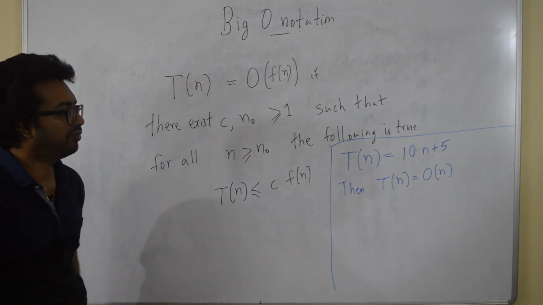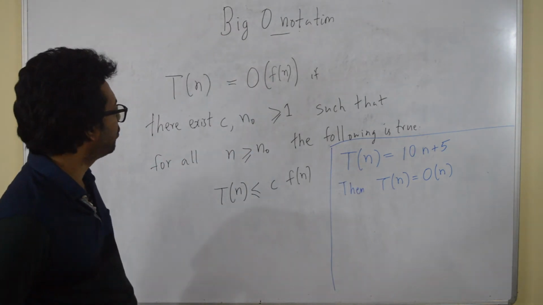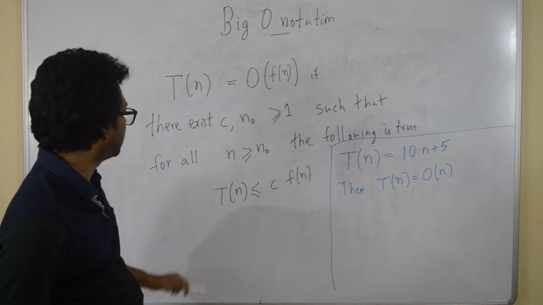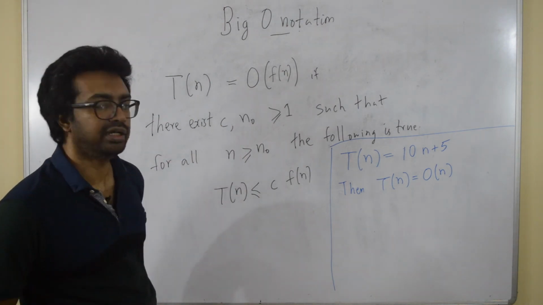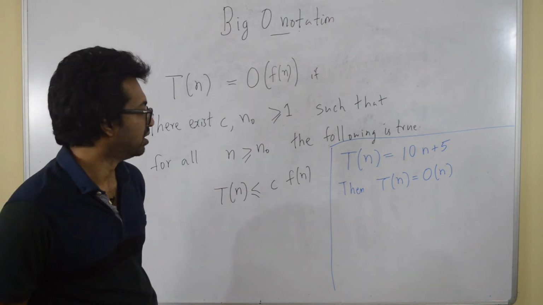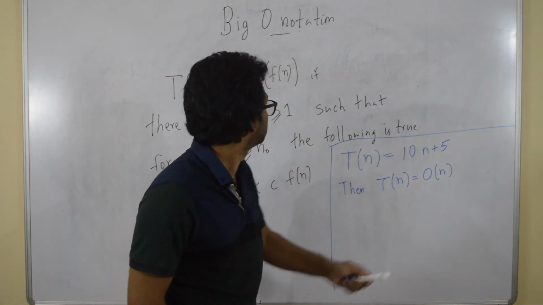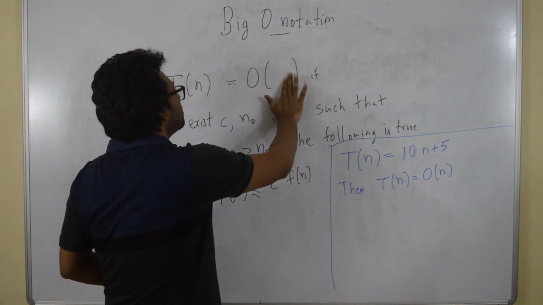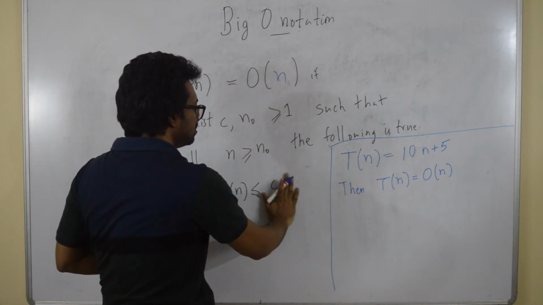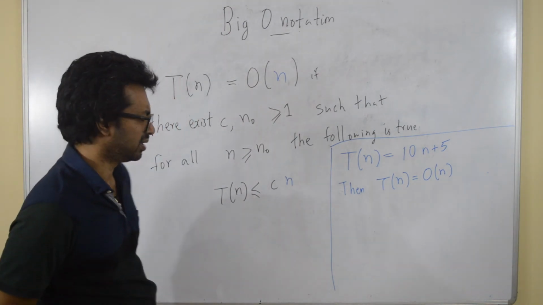If I have to show that T of n is equal to O of n, I have to show that there exist two constants C and n0 such that for all n greater than n0, T of n is less than or equal to C times n. Here it is n. This is what we are interested in.